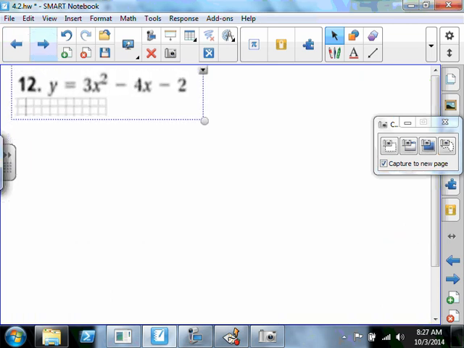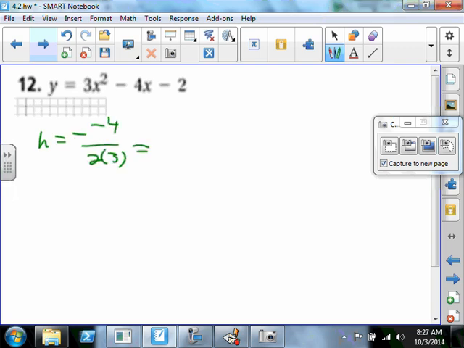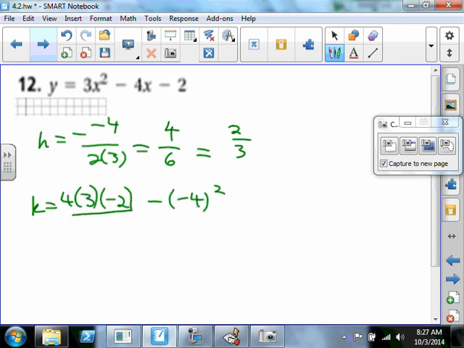So number 12, I've got h is minus 4 over 2 times 3. So that's going to be 4 over 6. Doesn't that reduce to 2/3? And so k is 4 times 3 times negative 2 minus negative 4, the quantity squared, all over 4 times 3. So that's going to be negative 24 minus 16 over 12.